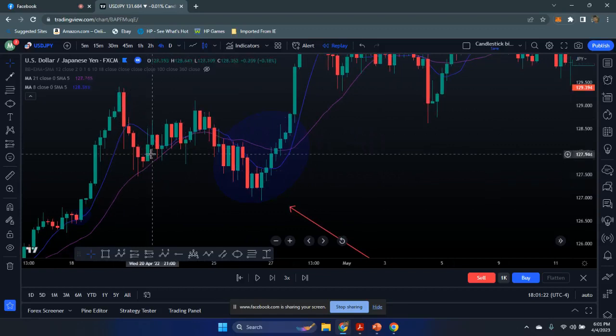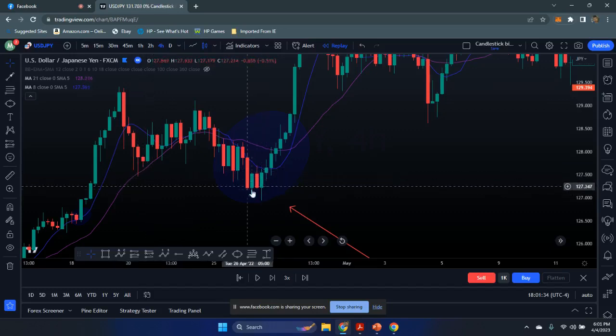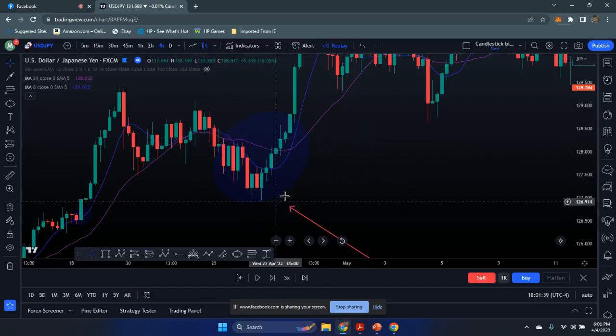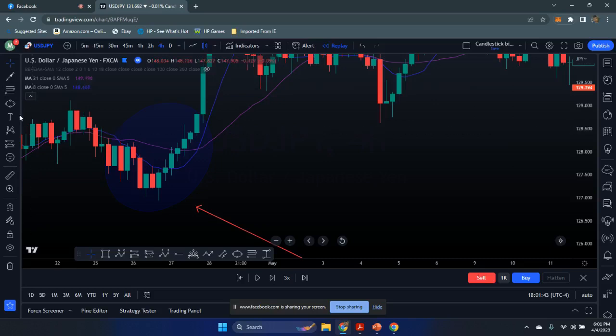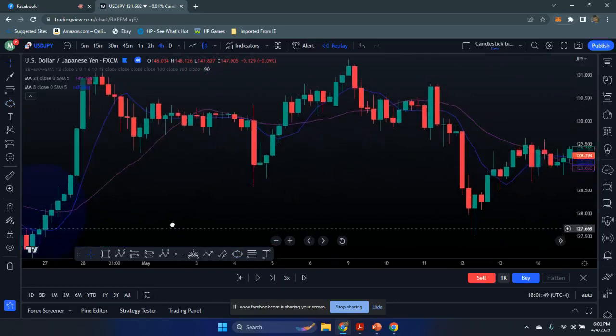I didn't really like it, because we would have got stopped out right here. This was the actual bullish move that took place, and this is a small bullish engulfing.